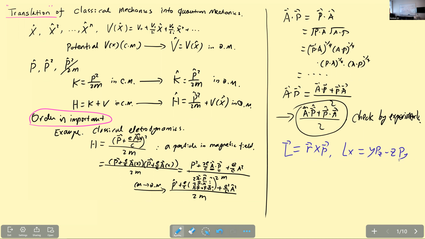And very fortunately, y and pz and z and py, they commute. So that means the order is not a concern in this case, okay? And then you can have the cyclic permutation of these indices, so that you can have the definition of other terms.